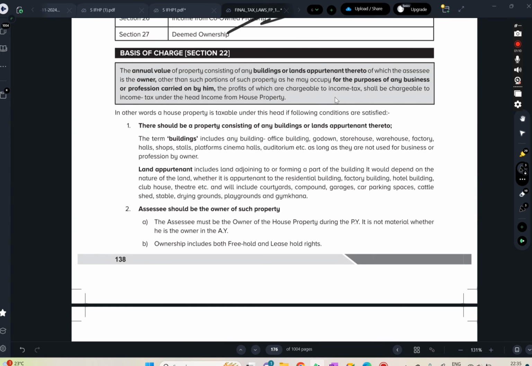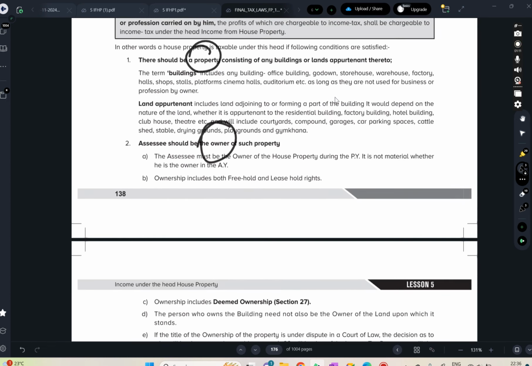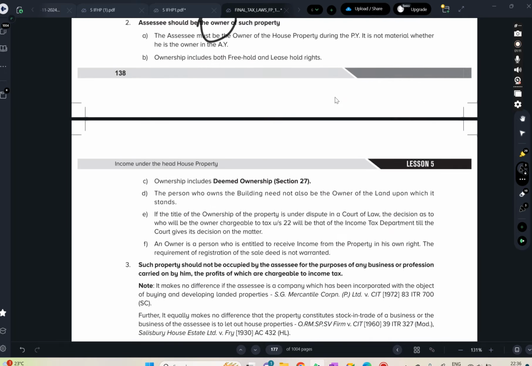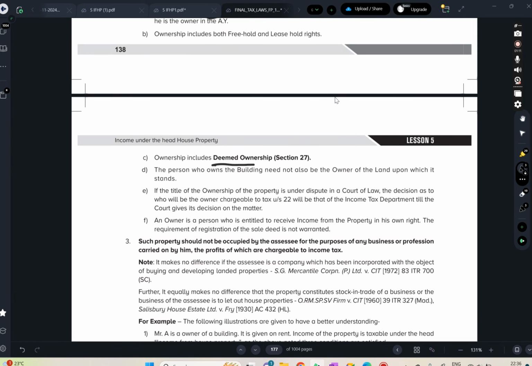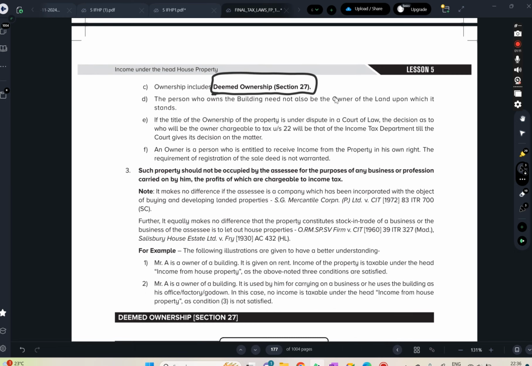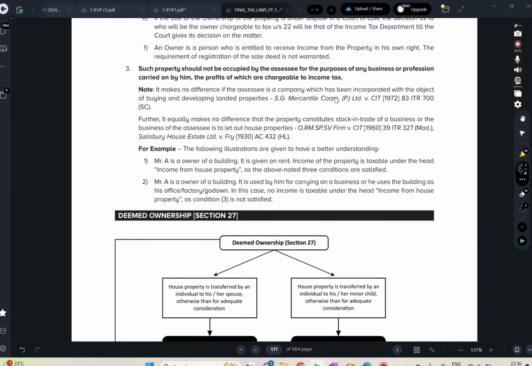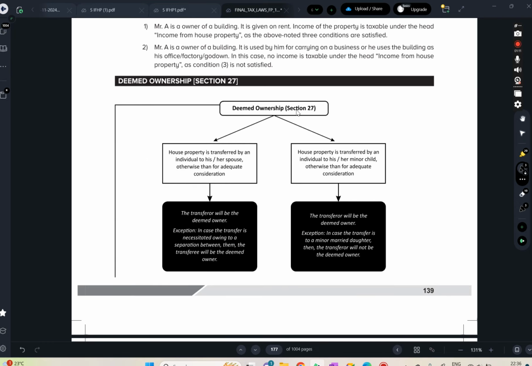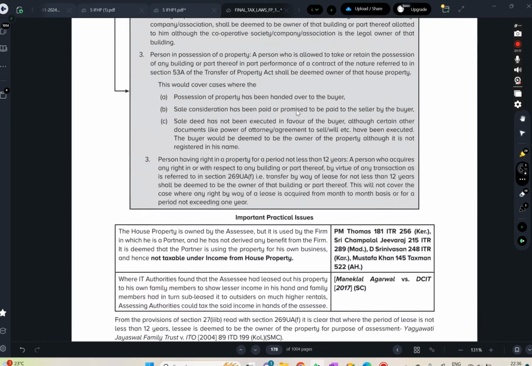We discussed what is property in the beginning itself, and then the assessee should be the owner of the property. Land appurtenant we discussed, and just now we discussed deemed ownership. Ownership includes deemed ownership, whatever we discussed now, right? And then we discussed that the use of that property should not be by the business or profession. And then whatever we discussed, deemed ownership.